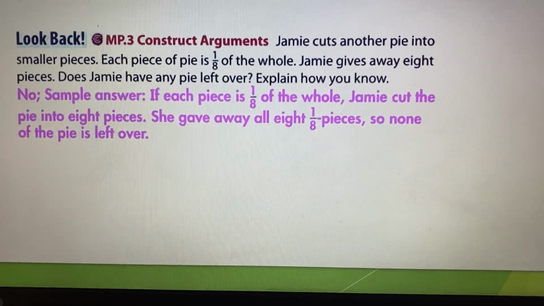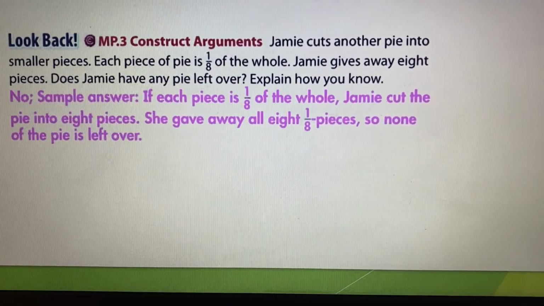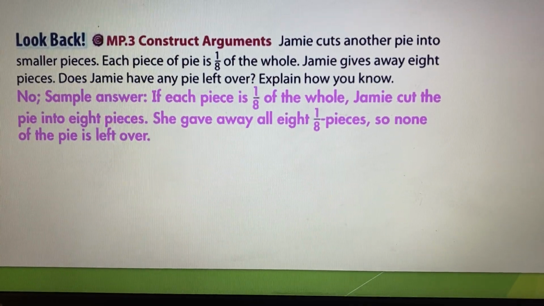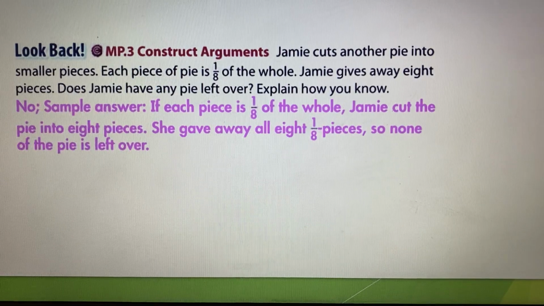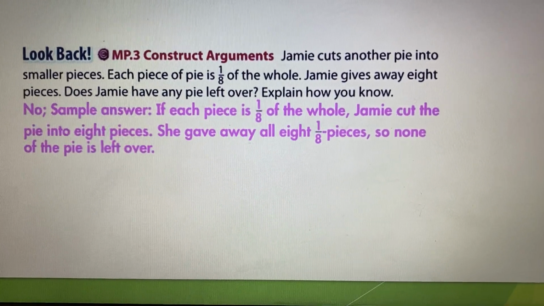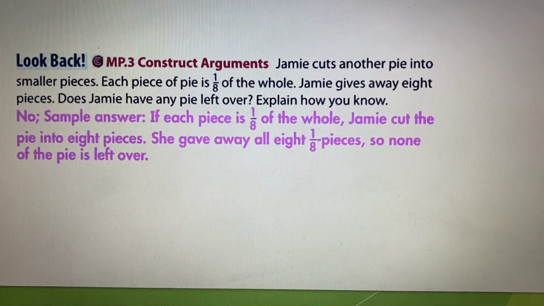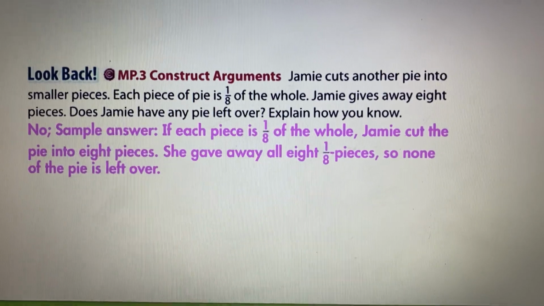Now, do I have any leftover of the 8 pieces? Correct. No, we don't have any left over. So if each piece is 1/8 of the whole, Jamie cut the pie into 8 pieces. She gave away all 8 pieces. So none of the pie is left over.